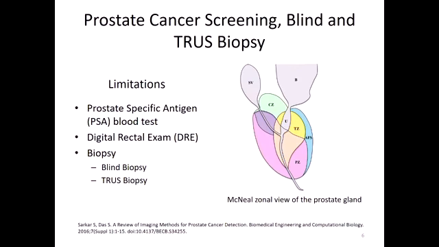The digital rectal exam basically looks at the anterior of the prostate gland, which is the peripheral zone, but it cannot detect anything in the central zone or the transitional zone in between. In these two areas, it's not good at detecting that.